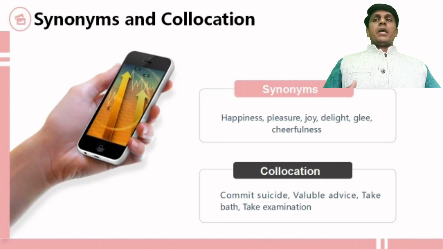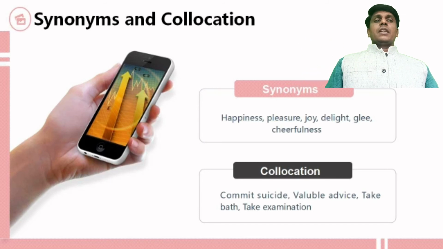When I say I am happy, it is different from I am cheerful. And this difference is necessary along with the similarity. The idea is, from a synonym point of view, we have to study the words which are part of our vocabulary.